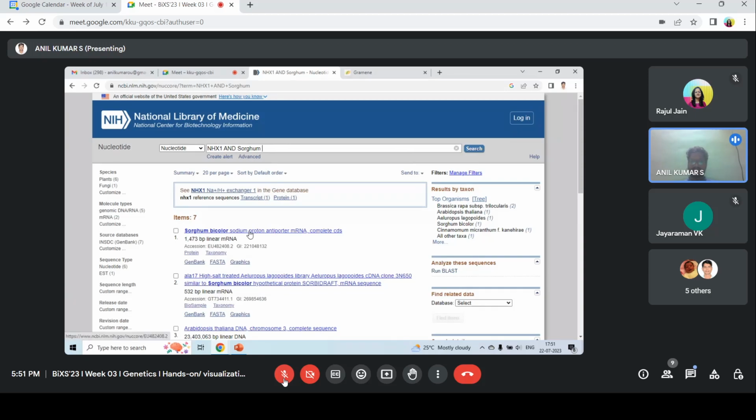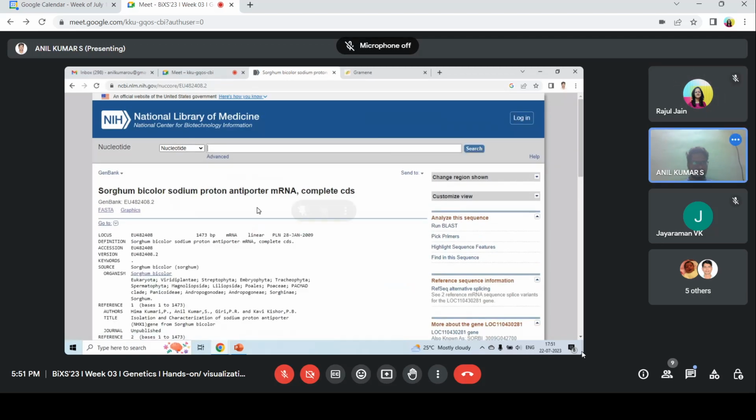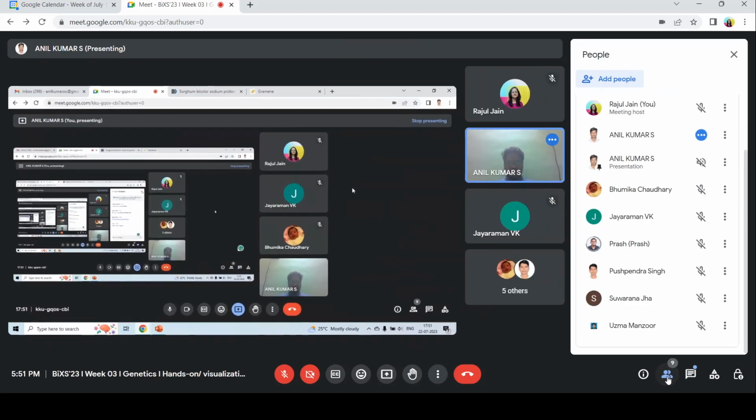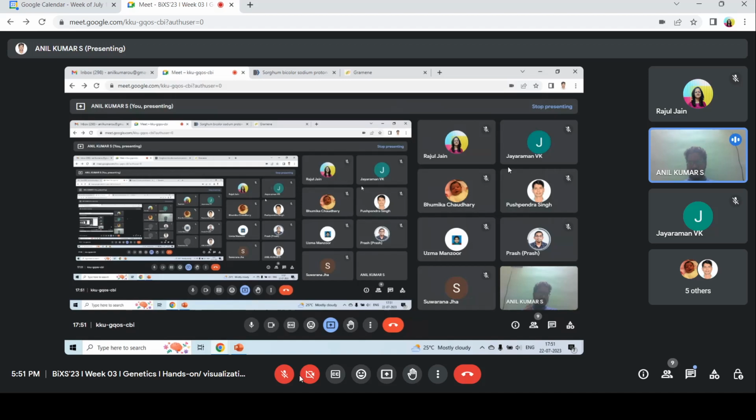Can you see the screen now? About students, Bhumika, Uzma, Swarna. I think most of you are attending through mobiles, right?